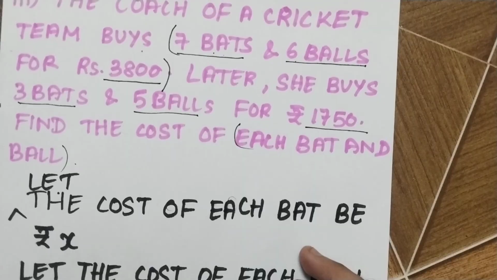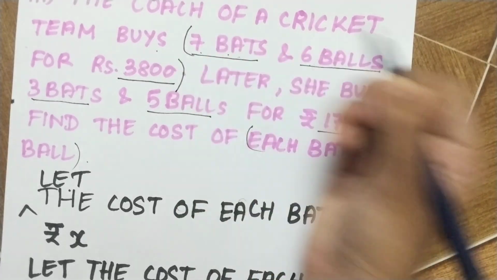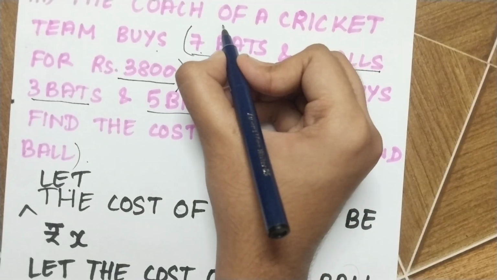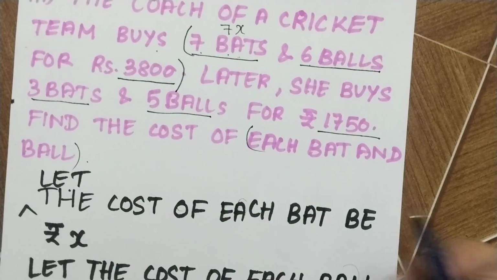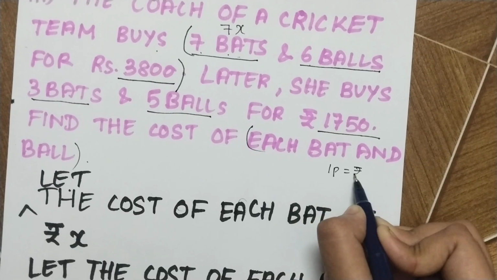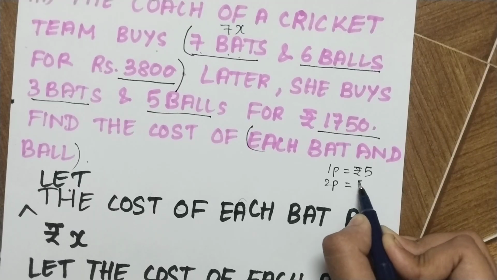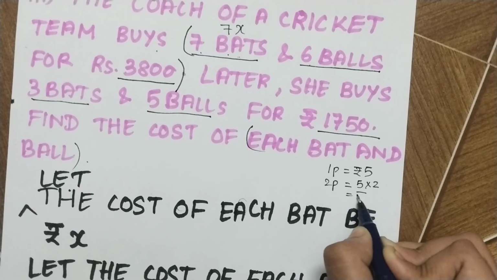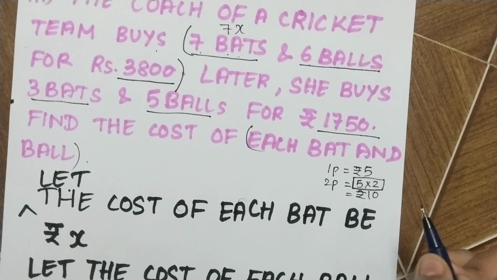So here when we look at the equation, 7 bats, I can write it as 7x, right? See, for example, if my cost of 1 pen is rupees 5, then my cost of 2 pens will be 5 into 2, which is rupees 10, right? Here we are doing 5 into 2.